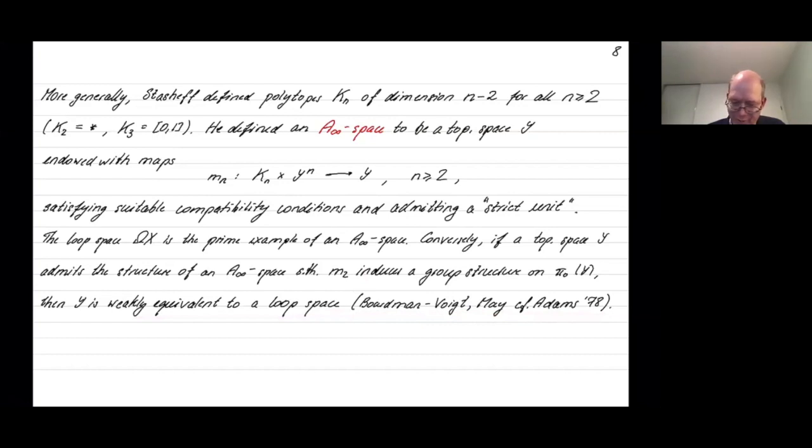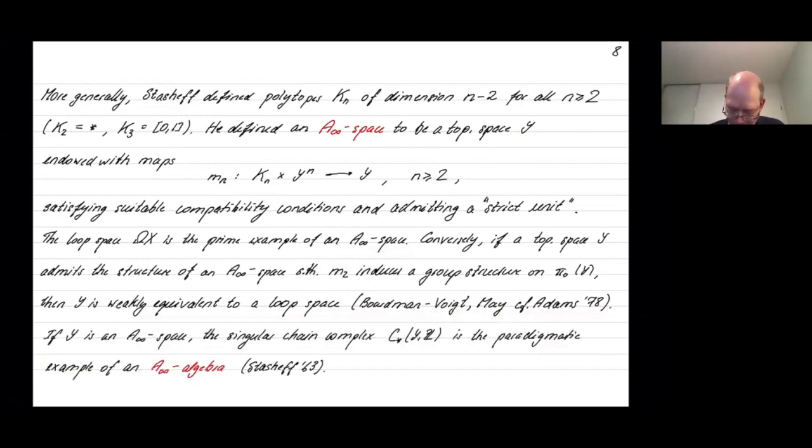Okay, and now we have the notion of A infinity space, which has a nice application in the detection of loop spaces. And when we have an A infinity space, we can form the normalized singular chain complex. And this is then the paradigmatic example of an A infinity algebra as defined by Stasheff in 63.